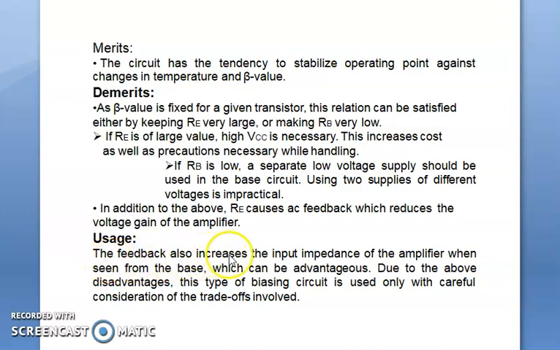The feedback also increases the input impedance of the amplifier when seen from the base, which can be disadvantageous. Due to the above disadvantages, this type of biasing circuit is used only with careful consideration of the trade-offs involved.